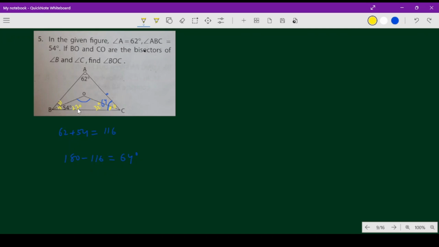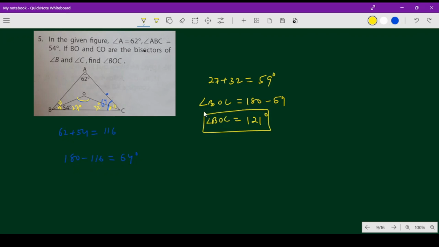So the sum of these two, 27 and 31, is equal to 58 degree. So this angle BOC is equal to 180 minus 58. That is going to give us 122 degree. So angle BOC is equal to 122 degree.